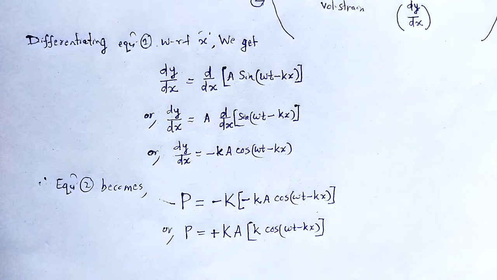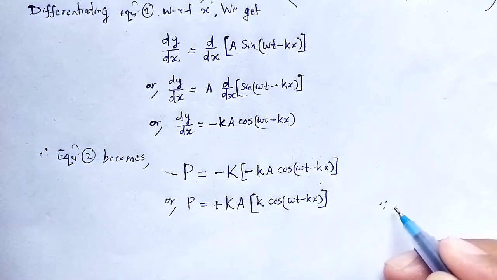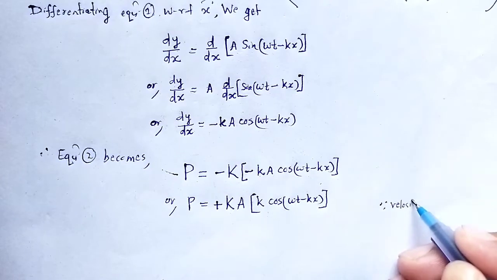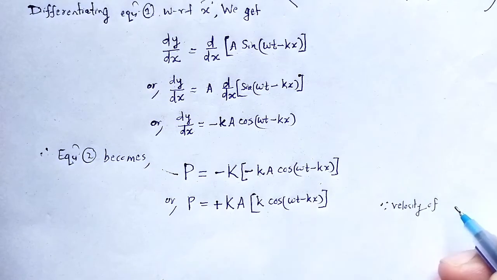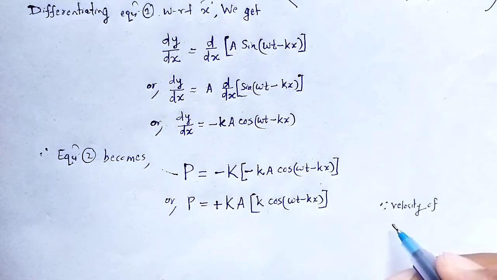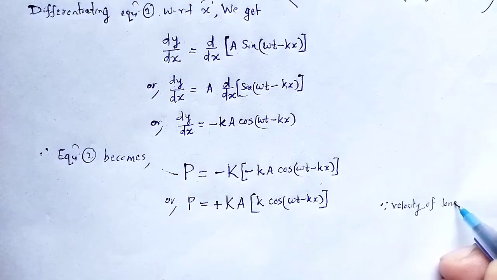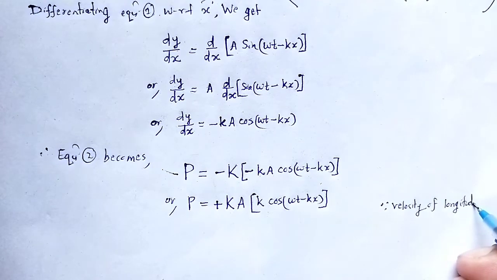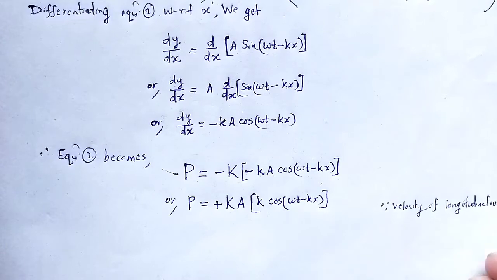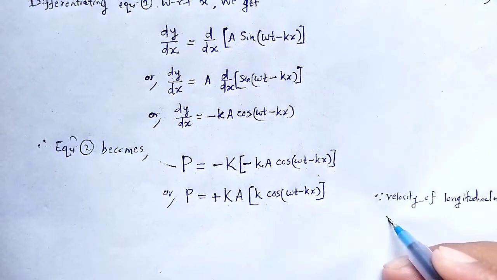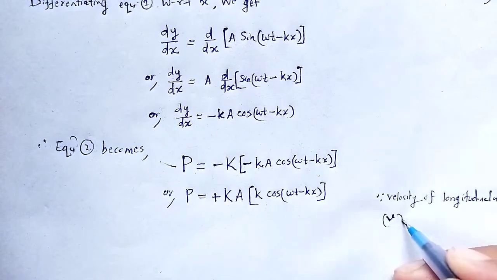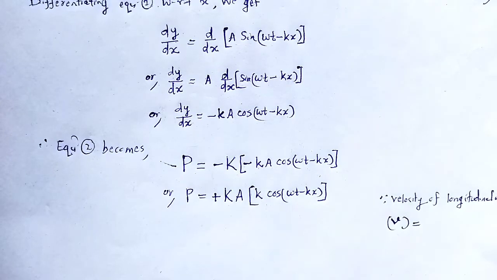Here the velocity of a longitudinal wave v depends upon two things.